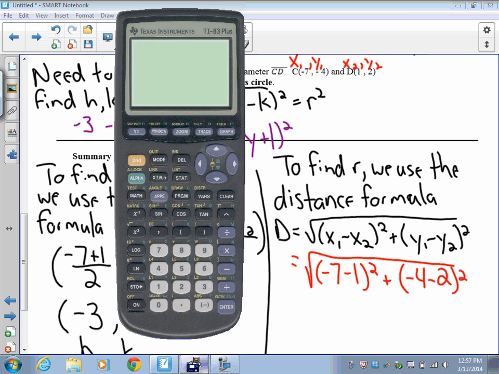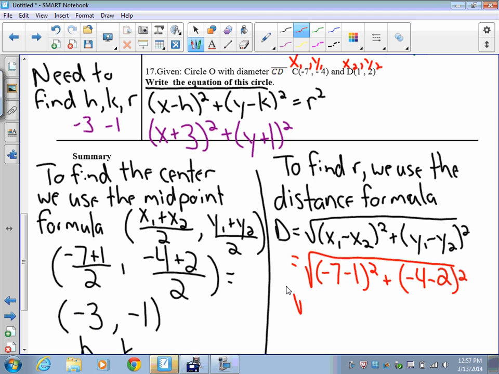So the best thing to do is type in what's underneath the square root first. So we have negative 7 minus 1 squared plus negative 4 minus 2 squared. I get 100. So the square root of 100 is equal to 10. That's equal to the diameter.